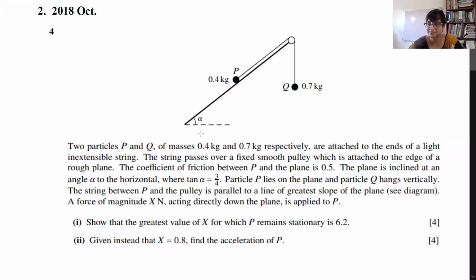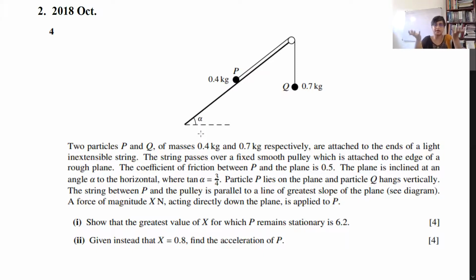Can I let you think about that? Right, okay. Now, tell me, if this force X is not there, if you release this system as it is, just as given in the diagram, without the X force, what would happen to this system?